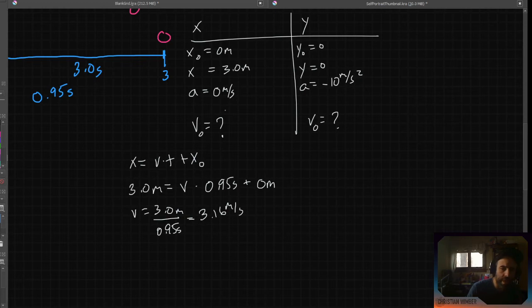Now vertical, we have to use a more complicated equation because remember, we have acceleration now. We didn't have acceleration on the horizontal part. So as far as the acceleration goes, we have to use the quadratic version of the equation. y equals 1/2 a t squared plus v naught t plus y naught.